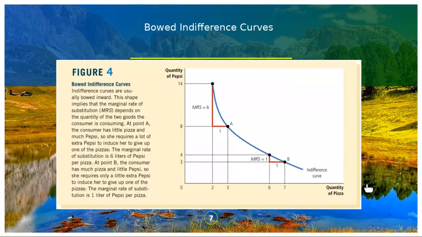So what this is telling us is, again, the good that you have in the most abundance, you're willing to trade more of it in terms of the other good. So when you have an abundant amount of Pepsi, you're willing to trade 6 Pepsis to get 1 pizza. When you have an abundance of pizzas, in this case 7 pizzas, you're willing to give up 1 pizza for 1 Pepsi. So that is why the marginal rate of substitution bows inward.